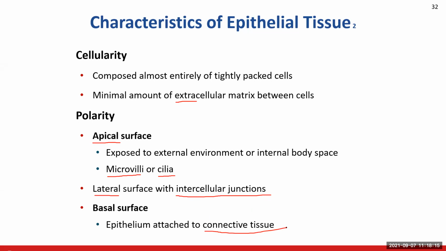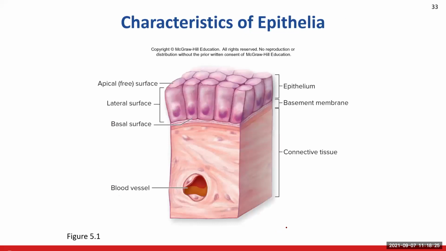So the top part of the cell is the apical, the bottom part of the cell is the basal. Easy to remember, B, basal, bottom. Apical, apex is the top, and then the lateral is going to be the sides. So here you can see a nice little picture of our cell. Here's the connective tissue, here's the basal surface down here, here's the apical surface up here.